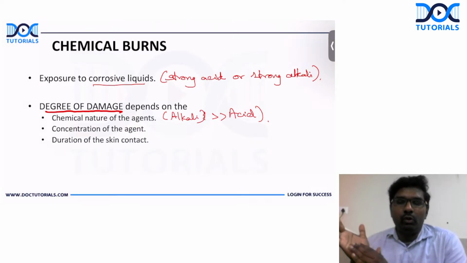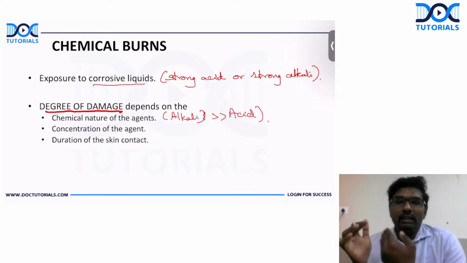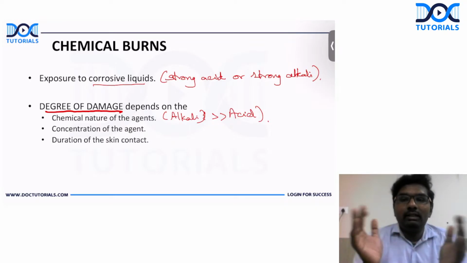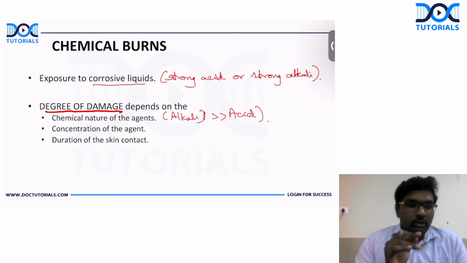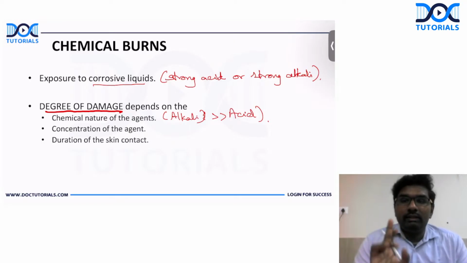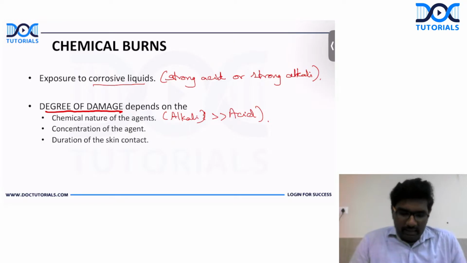Fibrous tissue will be formed on exposure to the acid. This fibrous tissue or coagulum will itself prevent the spread of the acid. This is not the case with alkali. Alkali will keep eroding, so the area of spread of alkali will be more, but acid will be self-limiting. So strong alkali will cause more severe damage than acid.